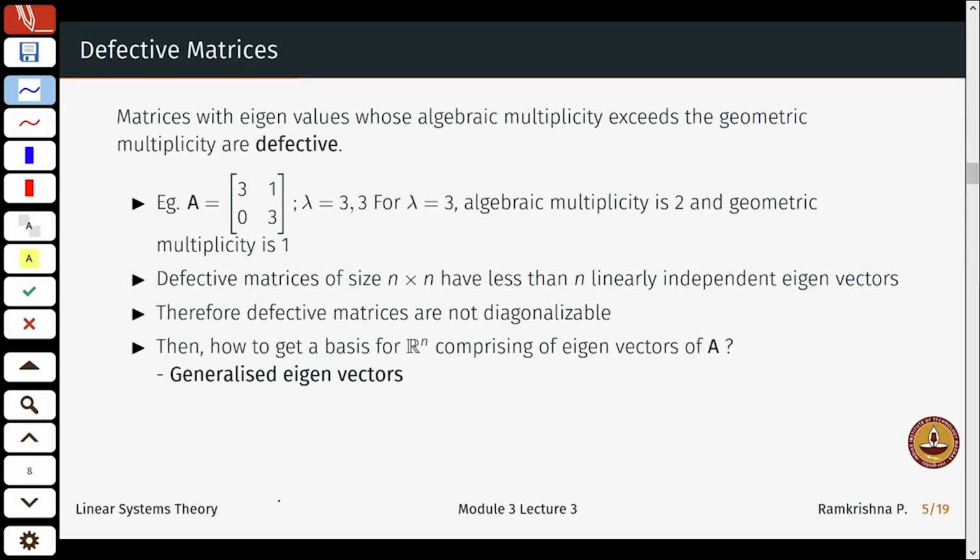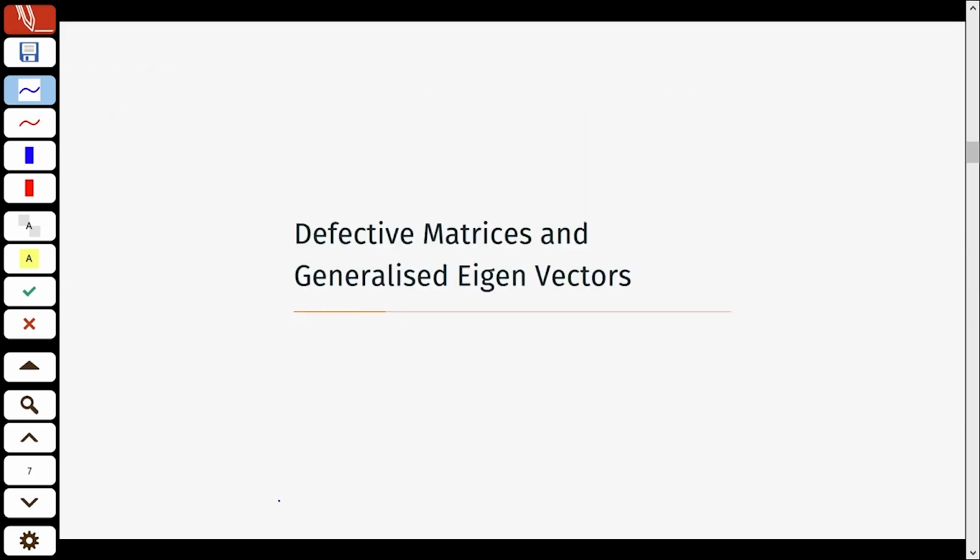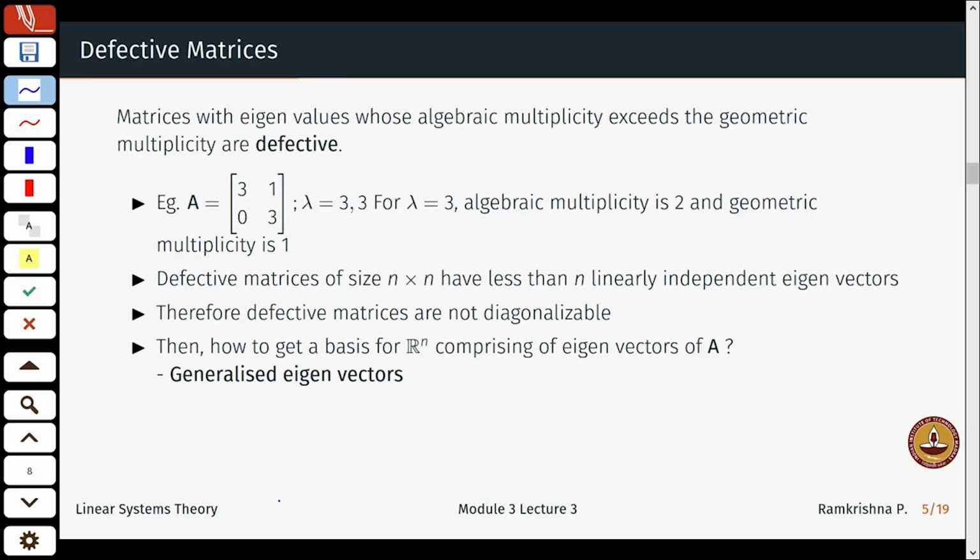So mathematically, it means that if I have matrices with eigenvalues whose algebraic multiplicity exceeds the geometric multiplicity, then they are defective. A trivial example, just to say, if I take the 3 cross 3 identity matrix: 1 0 0, 0 1 0, 0 0 1.